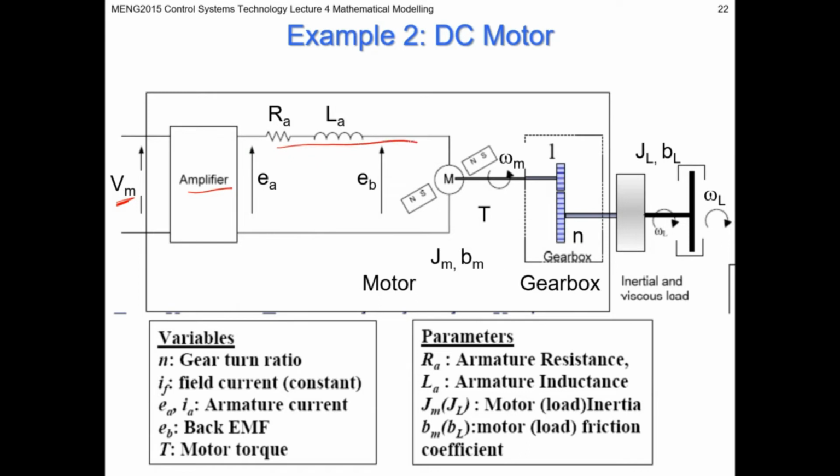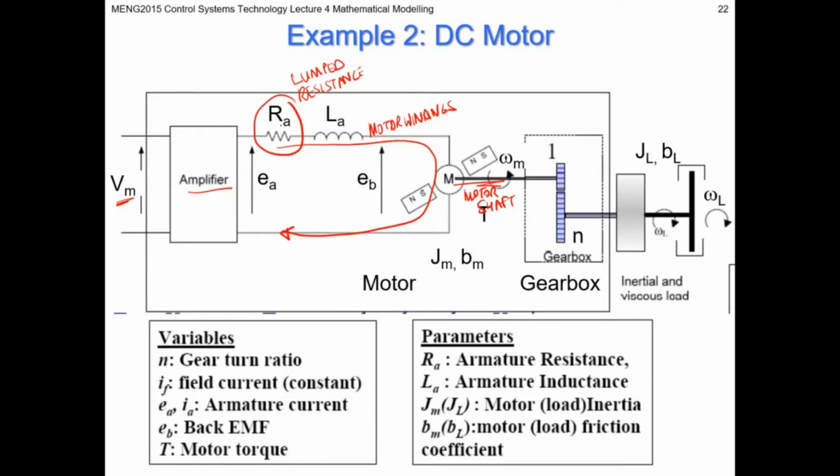So what we have here, this part reflects the motor windings, and this here is the motor shaft. We have a lumped resistance, which is of course the resistance of the entire winding.